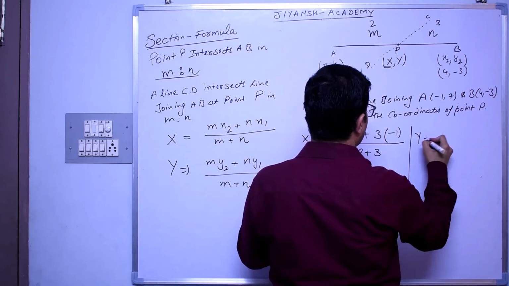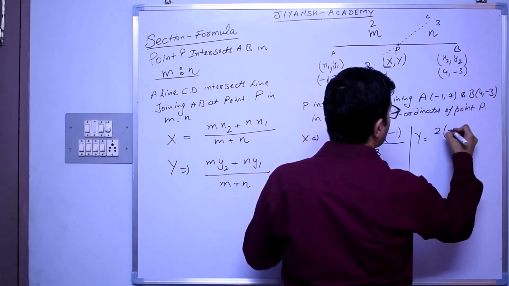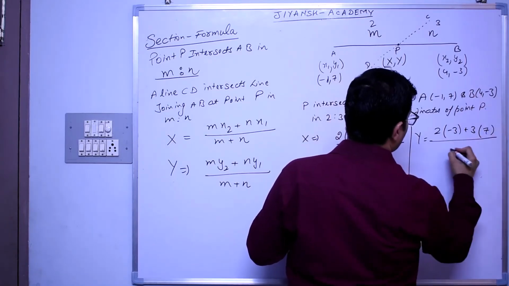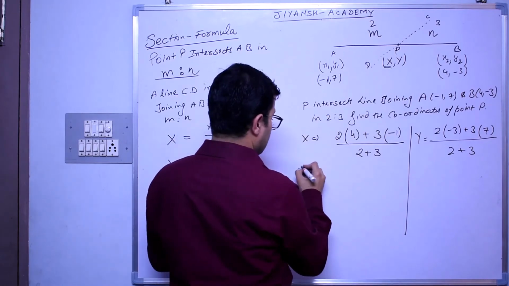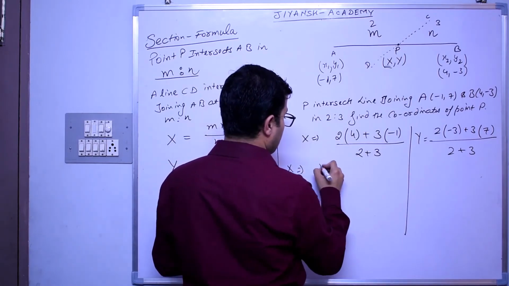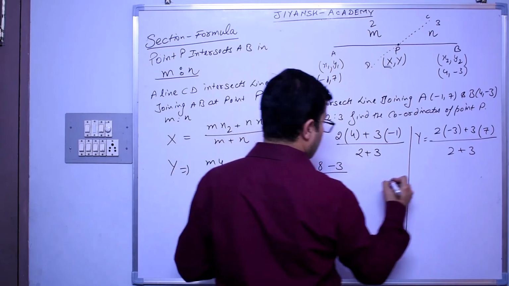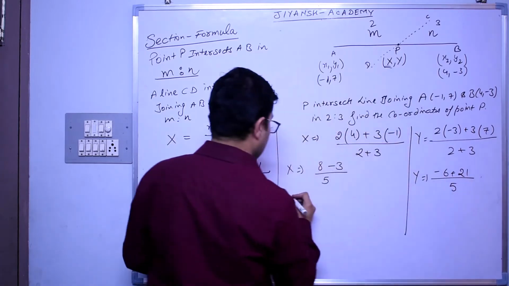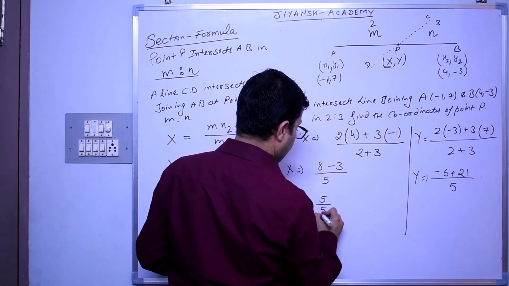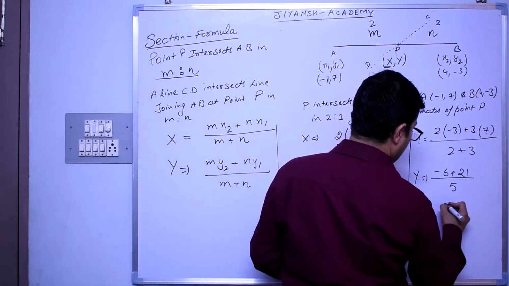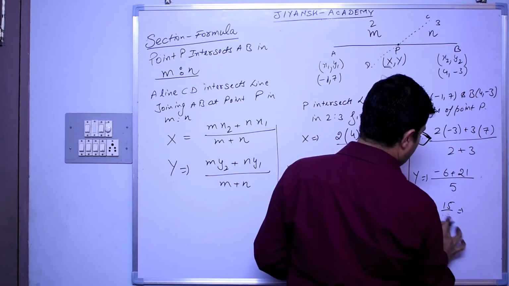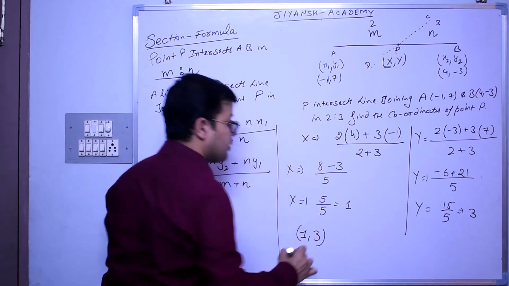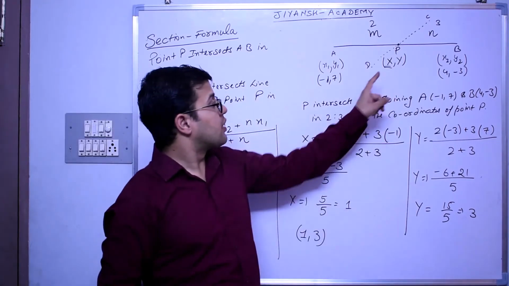And for y it will be m into y2 plus n into y1 over m plus n. So now x is equal to 8 minus 3 by 5 and y will be minus 6 plus 21 by 5. So this comes out to be 5 divided by 5, that is 1, and this comes out to be 15 divided by 5, that is 3. So the coordinate of the given point will be 1 comma 3. So you can find it out like this.